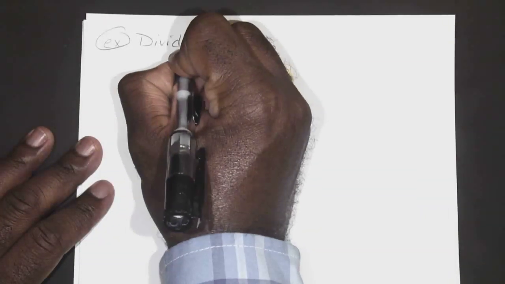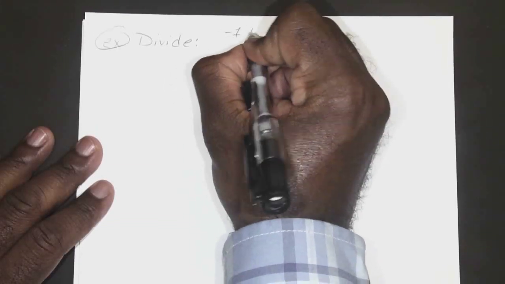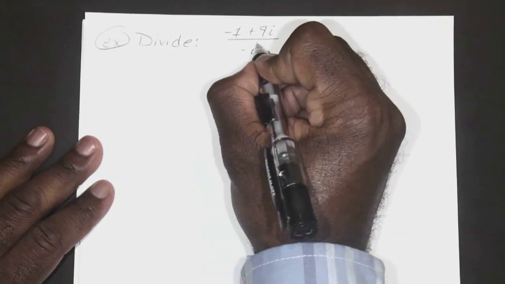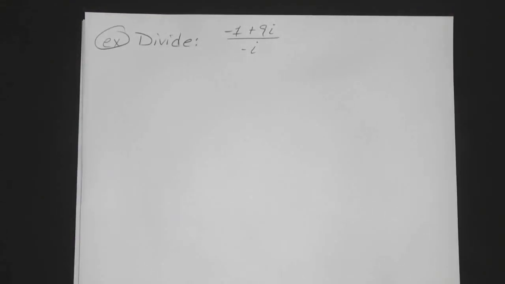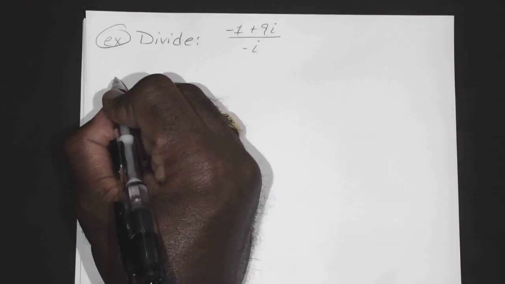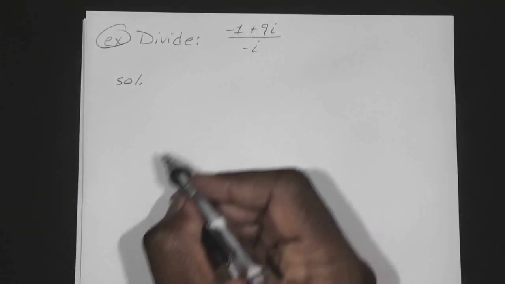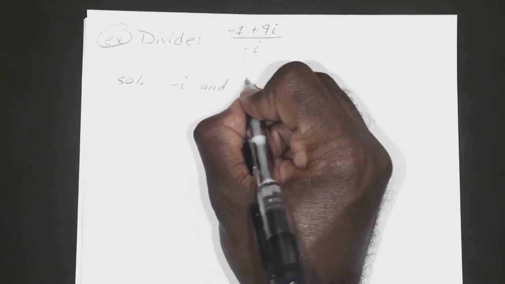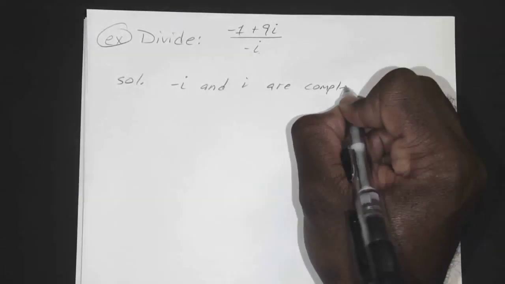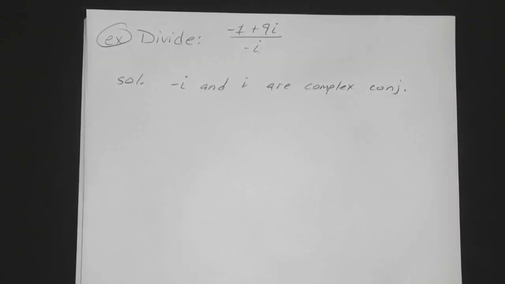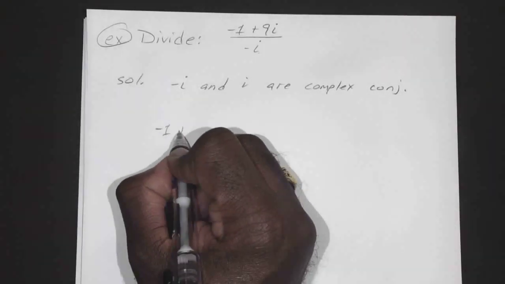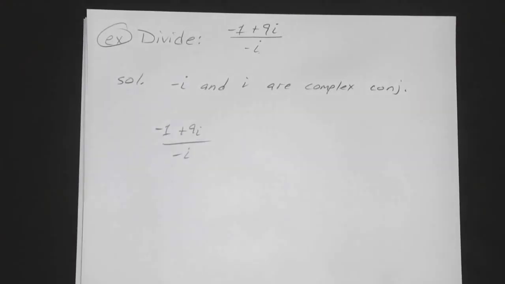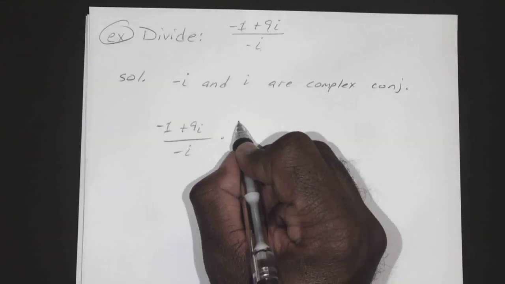So if we wanted to divide negative 1 plus 9i over negative i, we know that negative i and i are complex conjugates. That means we have negative 1 plus 9i over negative i, and we just multiply it by i over i.